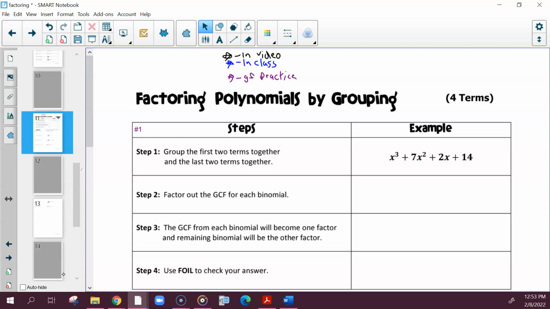So there are not many examples on this because really, it's the same thing as we were doing before, just a little bit differently.